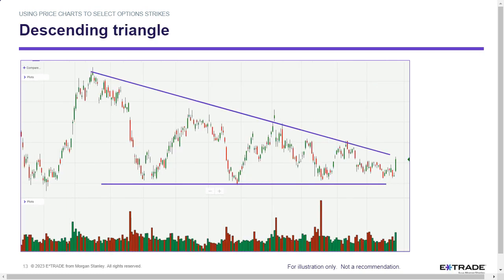Something else that you might see is a triangle. It could be an ascending triangle, or it could be a descending triangle, which is the illustration that we have here. A descending triangle is if I have lower highs, but the lows are equal.